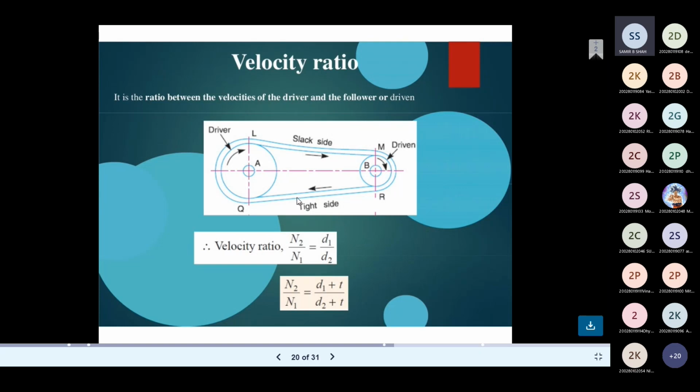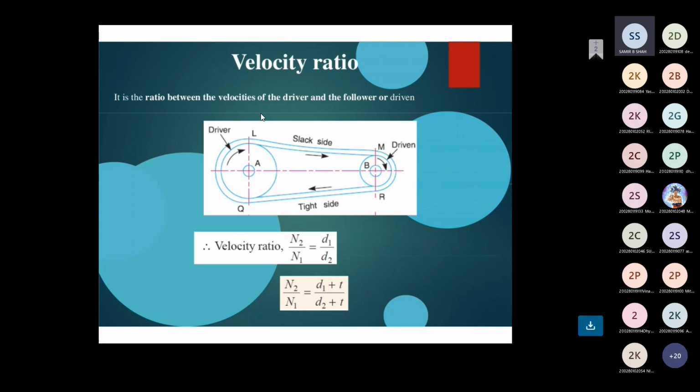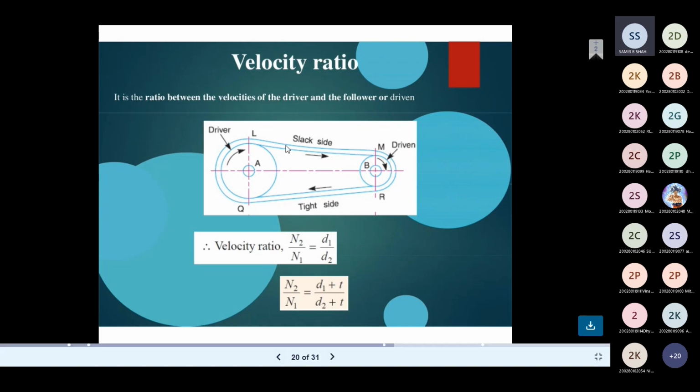Okay, we have one equation that I think you know very well: the peripheral speed of the driving pulley and the peripheral speed of the driven pulley. If I attach one motor and start to run the driver and driven pulley, then both run with the same speed.